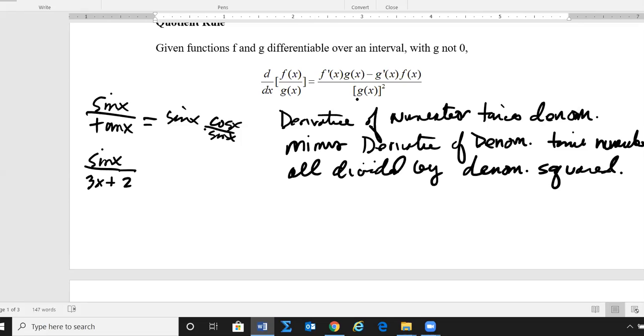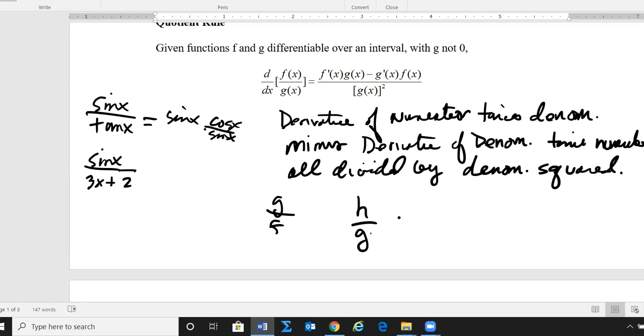Okay, I would suggest that, because if you come and look at this and say, oh, f over g, that's f prime g minus g prime f over g squared, what if I give you g over f? Then if you remember these symbols in this order, you're messed up. What if I give you h over g, for example? How would you differentiate that?